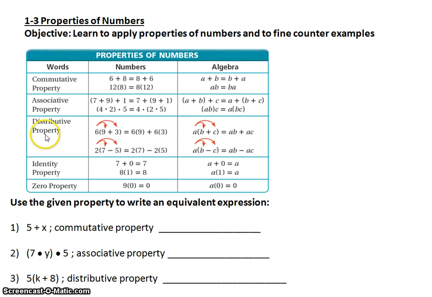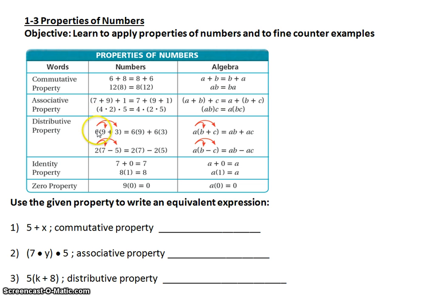The third property is the distributive property. In our first example, we have 6 multiplied by the sum of 9 plus 3. So that is the same as 6 times 9, that product added to 6 times 3. The red arrows indicate what we can do with the distributive property.